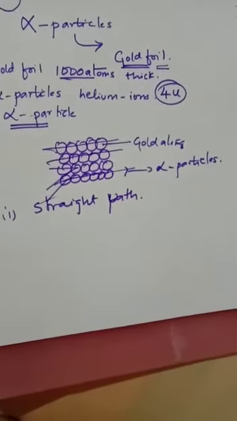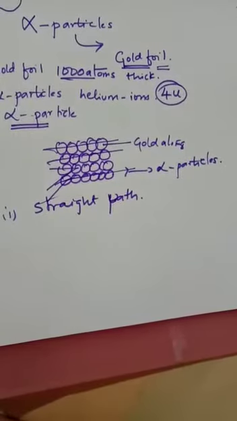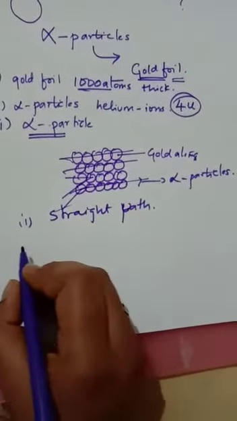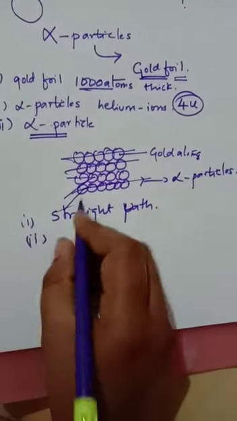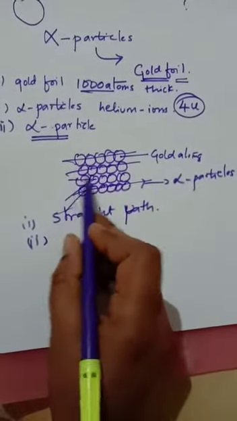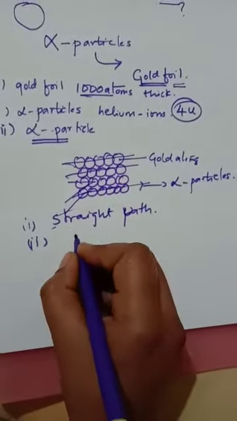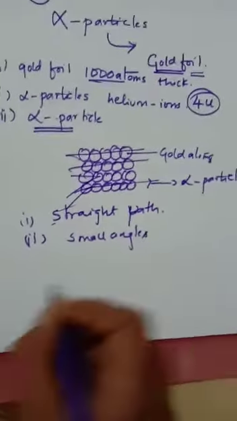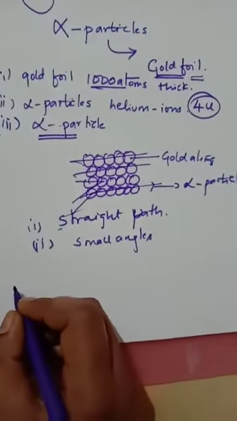It is moving in a straight path through the gold foil. Some of the alpha particles were deflected by the foil in small angles. Here you can see few alpha particles are deflected in small angles. Only a few alpha particles are deflected in small angles.